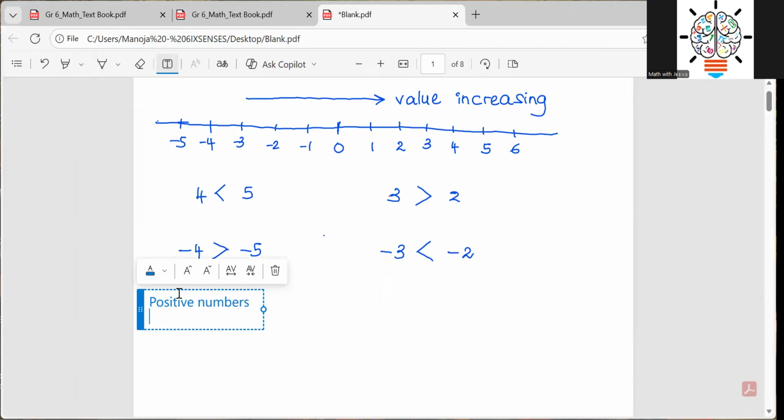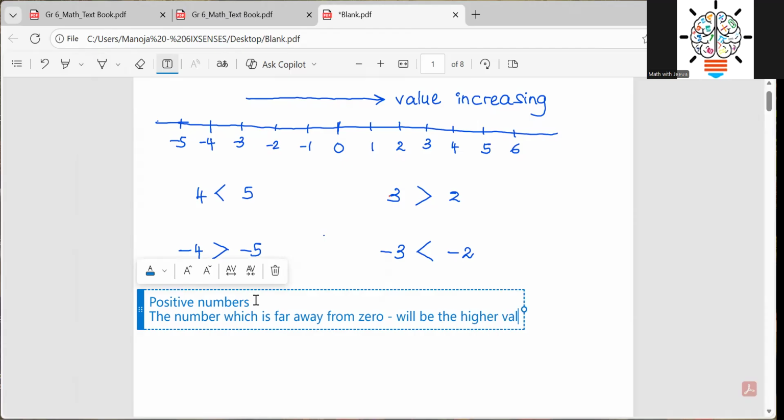The number which is far away from 0 will be the higher value, right? Far away from 0, so that will be the higher value.